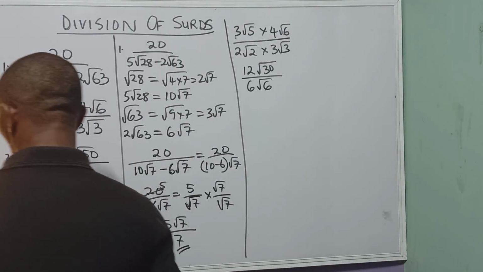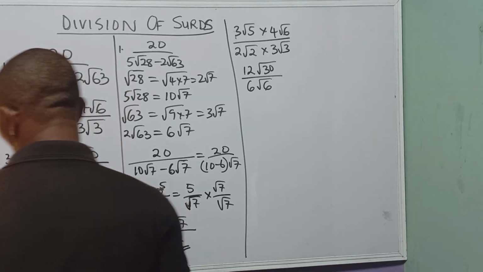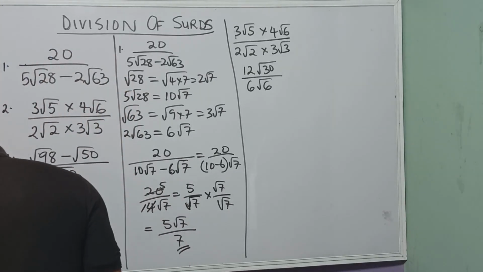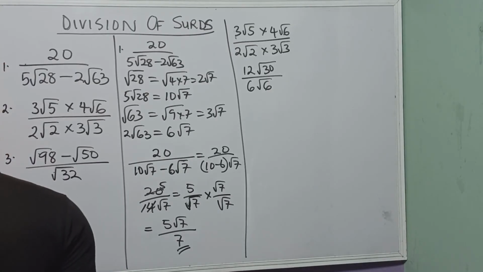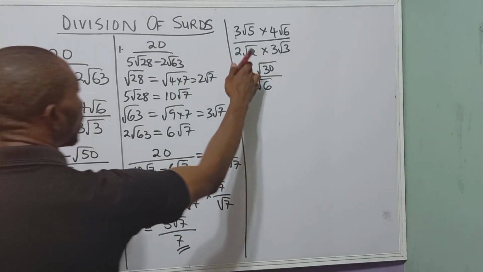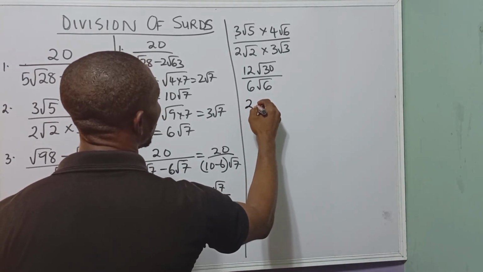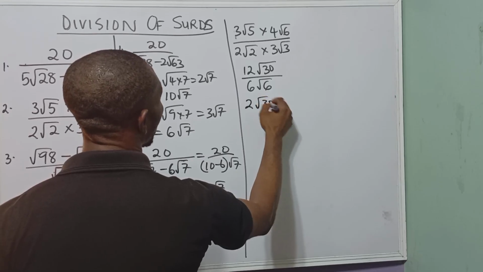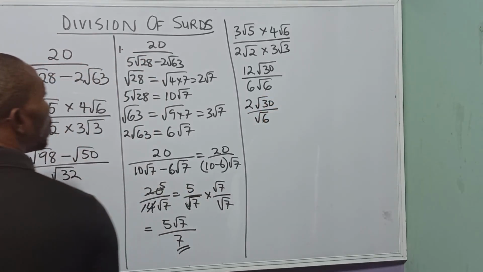Having it as 6 root 6, we can simplify this. We can break this down to give us 2 root 30 over root 6.